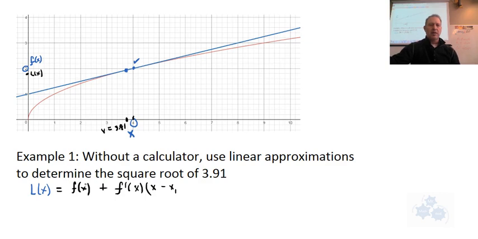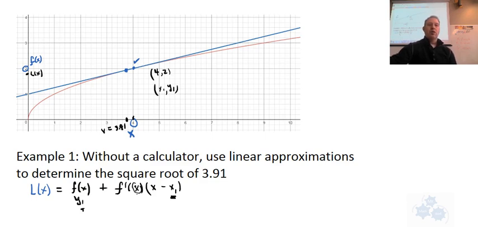This f of x is really going to be kind of like y1, and that's the point, in this case 4, 2. So that's going to be x1, y1. Now this x in question is going to be this 3.91, guys.